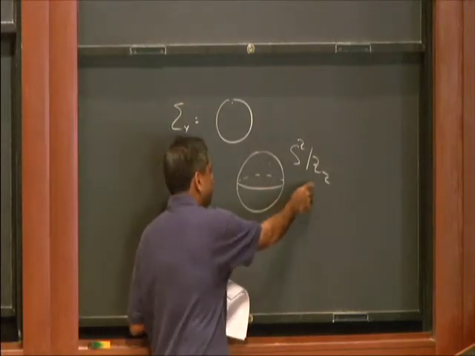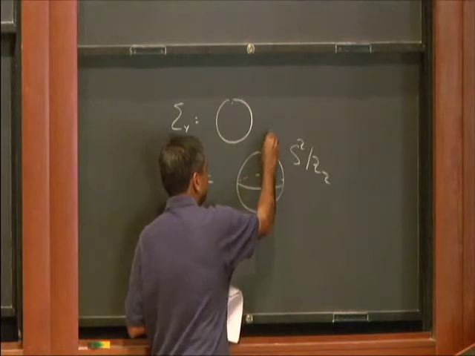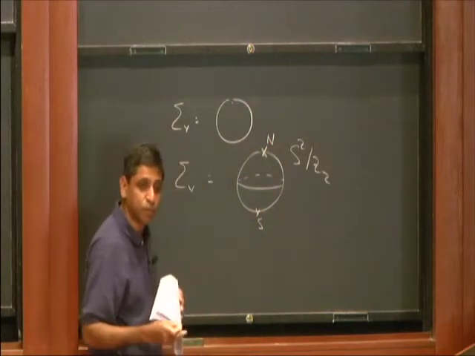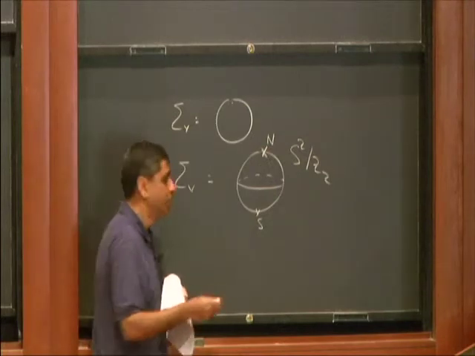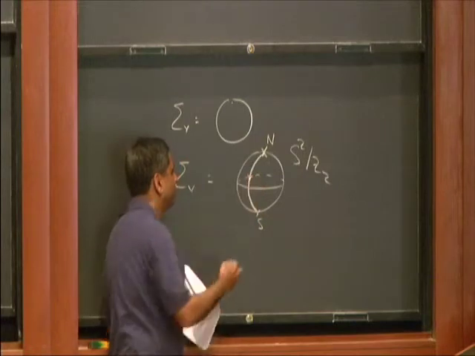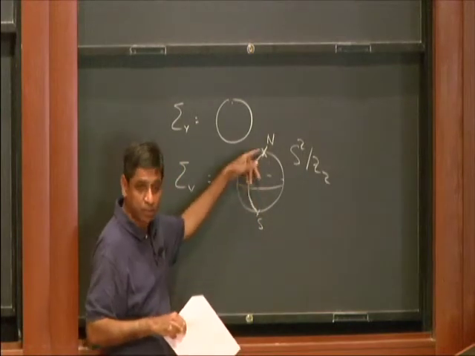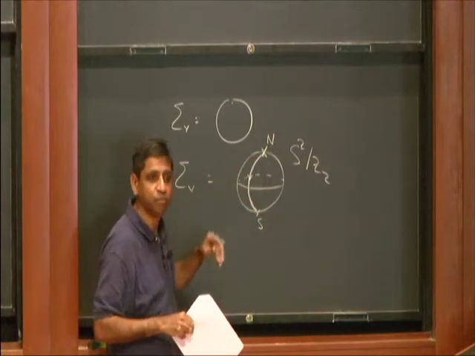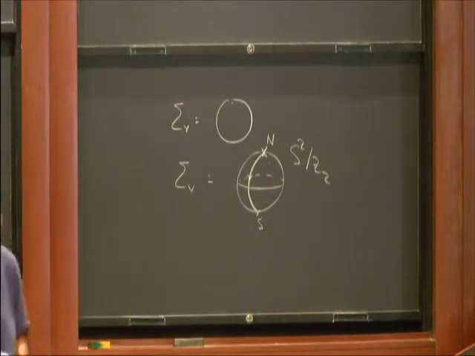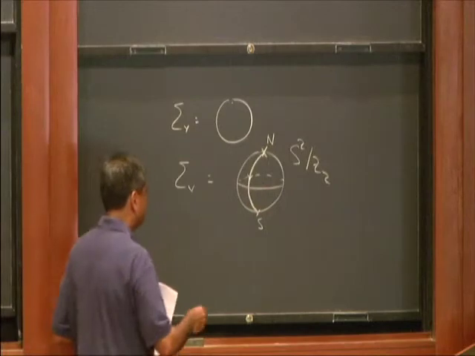So that's the Z2. Now the north pole is identified with the south pole, so a path from the north to the south is a closed path. This has incontractable paths, and you get strings.